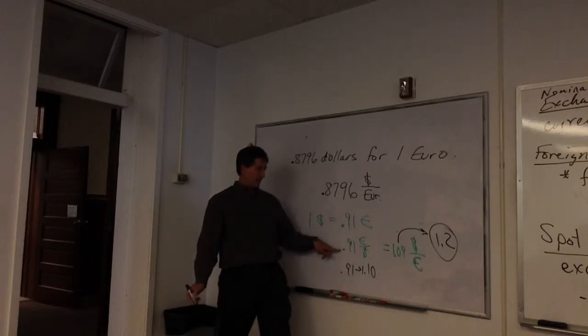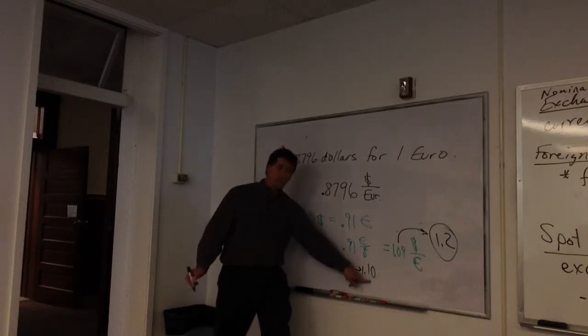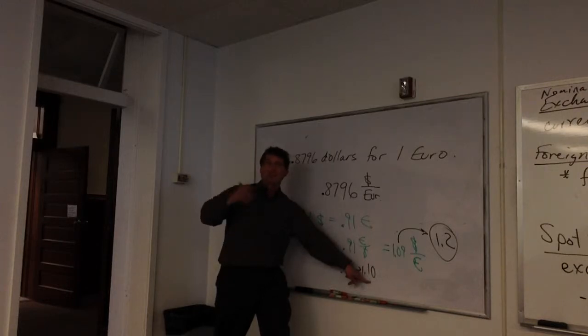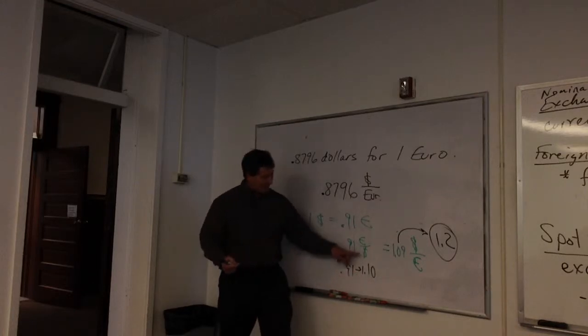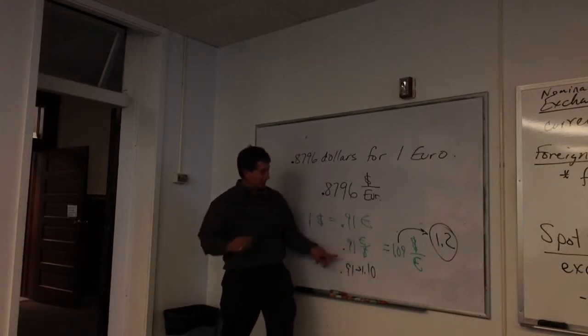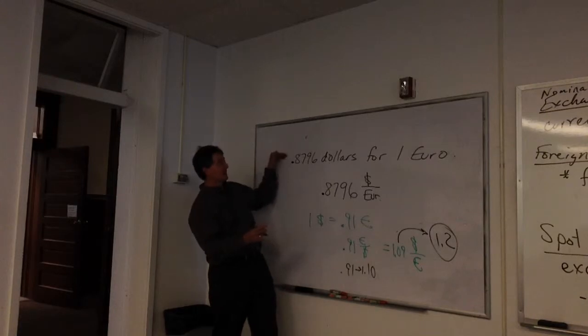And if now $1 gets us 1.1 euros, that's better for us, right? So there's been an appreciation in the currency. It's always this mental gymnastics, so that's what I'm trying to get you all to buy into. Sometimes you just have to write it out for yourself.